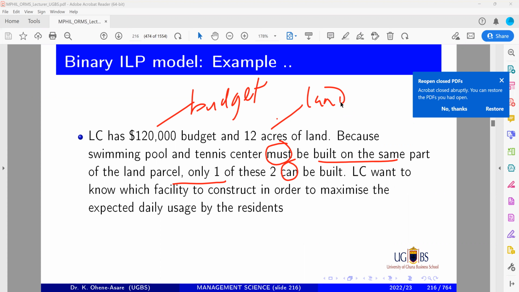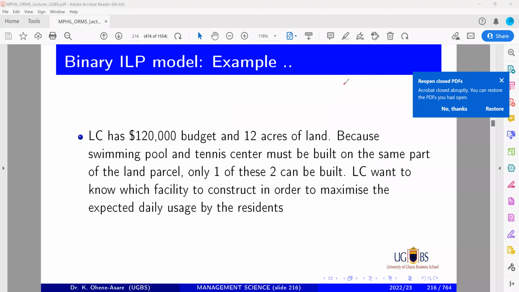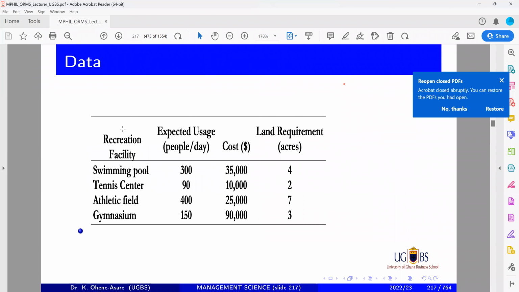Now, before we proceed, let's look at the information that we already have regarding these constructions. The first information you have, on the left here, is the recreational facility. What are we building?